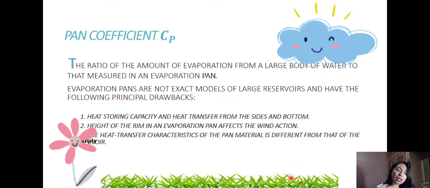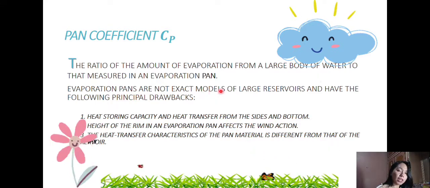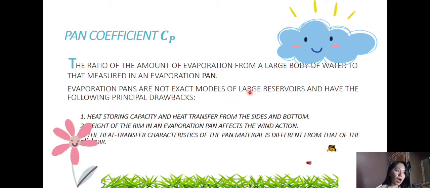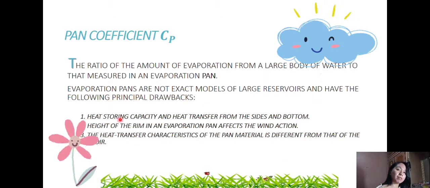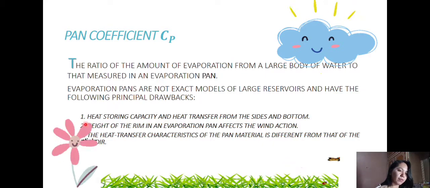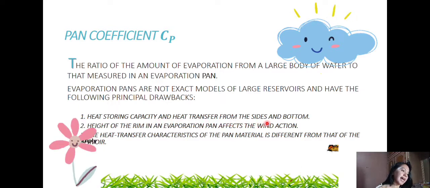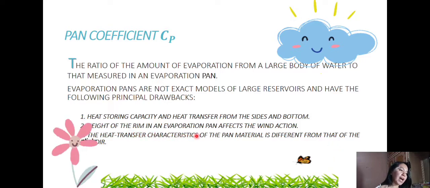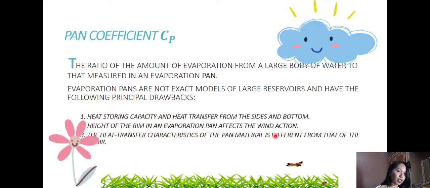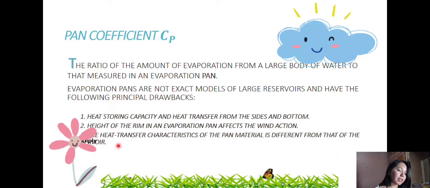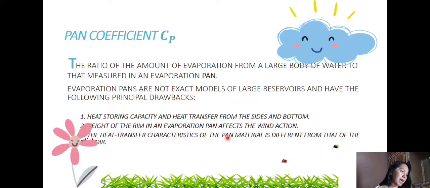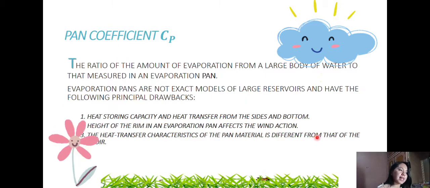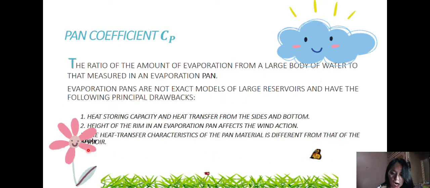So again, evaporation pans are not exact models of large reservoir and have the following principal drawbacks. First, heat storing capacity and heat transfer from the sides and bottom. Second, height of the rim in an evaporation pan affects the wind action. Third, the heat transfer characteristics of the pan material is different from that of the reservoir.